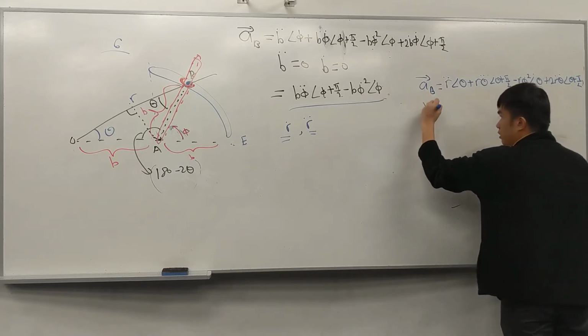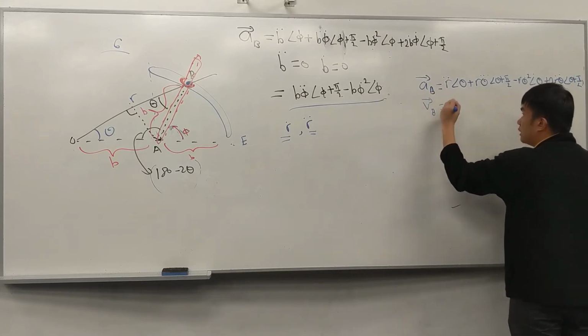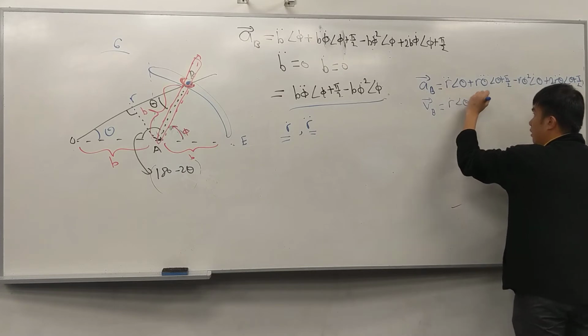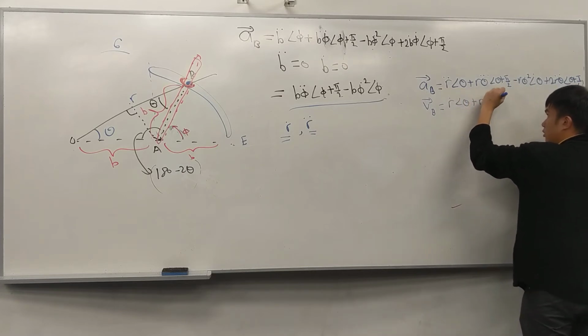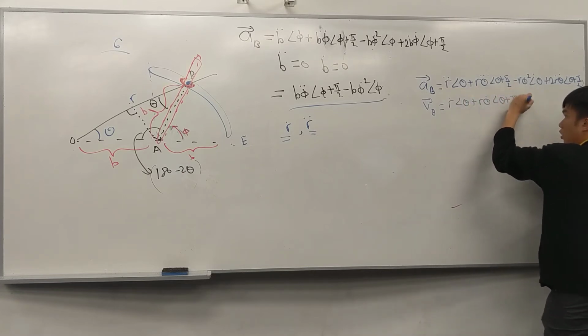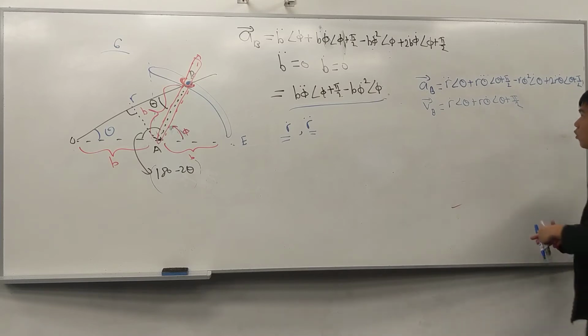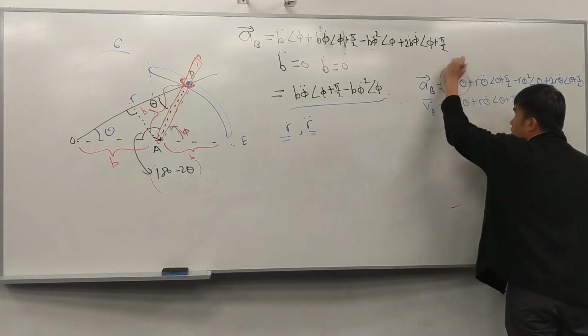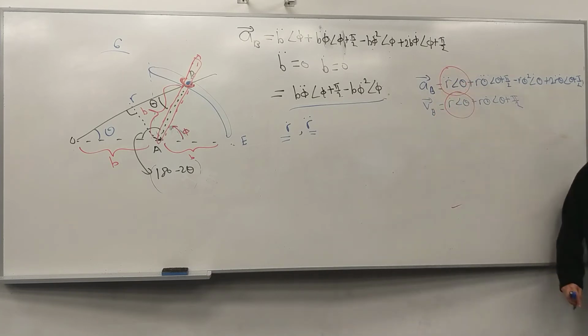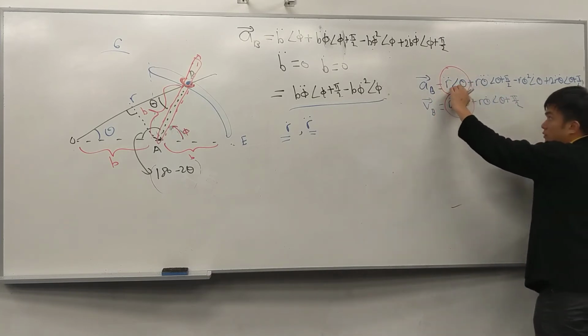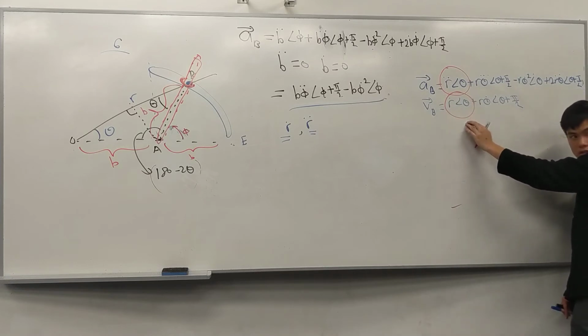And the velocity of B according to that particular pole is equal to R dot direction theta plus R theta dot direction theta plus 90. When we talk about the relative velocity and relative acceleration, we are talking about this term precisely. Only this term. This is relative acceleration, this is relative velocity.